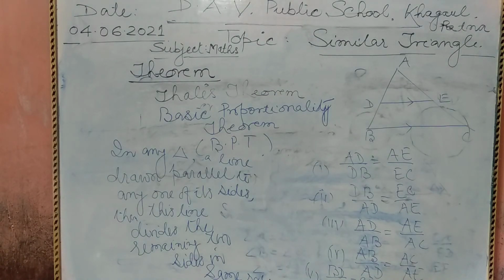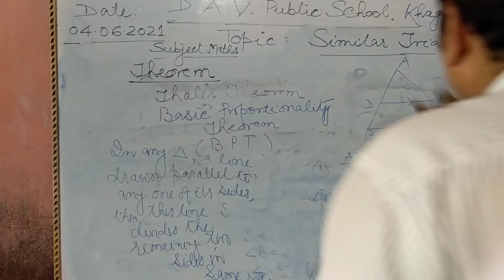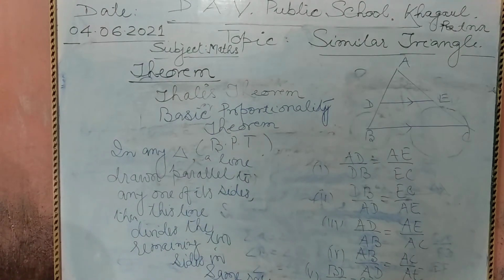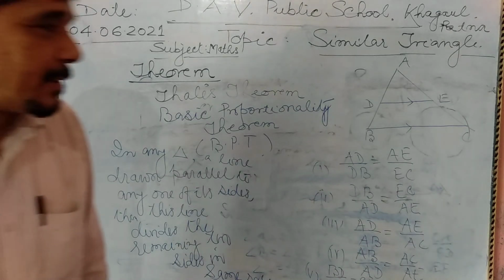Okay, now sometimes it is asked to state and prove the Thales theorem or BPT theorem. So the statement of this theorem must be learned, and after that you take a particular triangle or make a scalene triangle because these sides are different, and after that you take a parallel line to any given side.